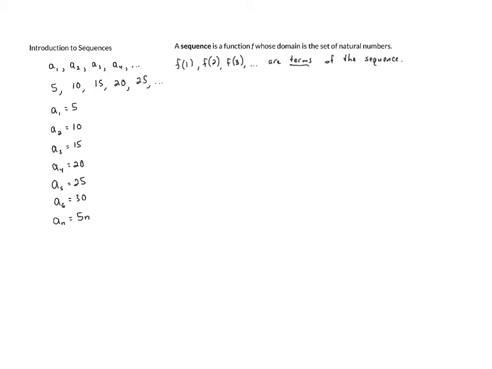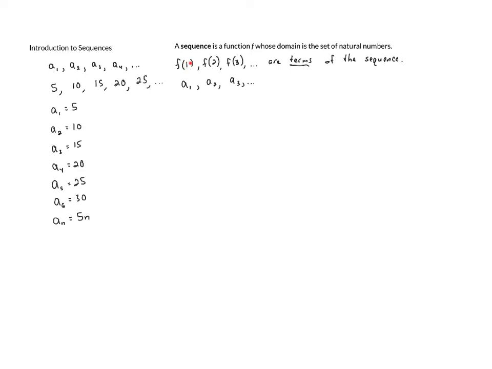Now, we don't usually write f of 1, f of 2, and f of 3. We usually write a sub 1, a sub 2, and a sub 3, etc. Because if we write f, that confuses things with the sorts of functions that we've already looked at. This is a very special type of function.